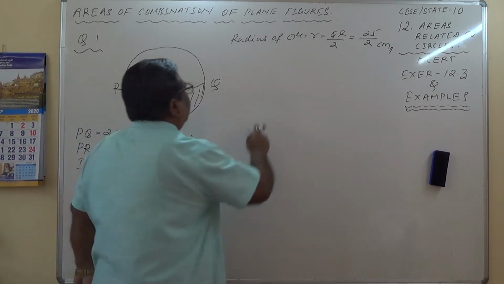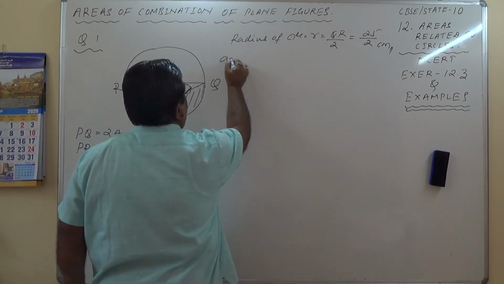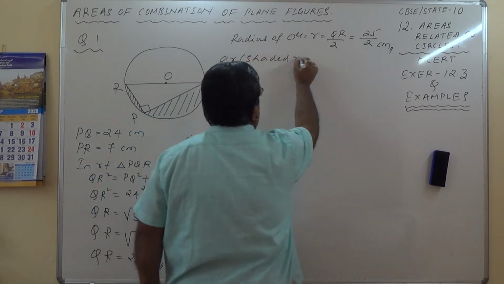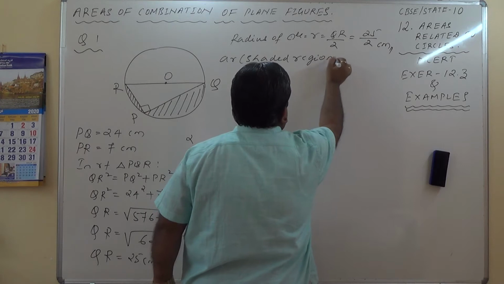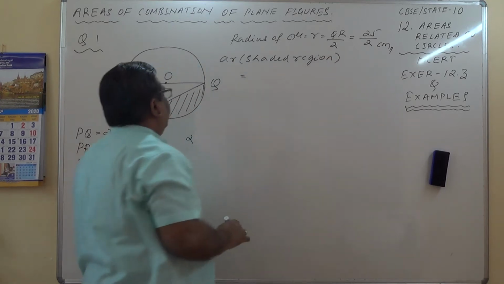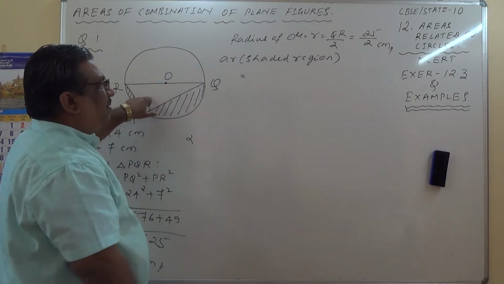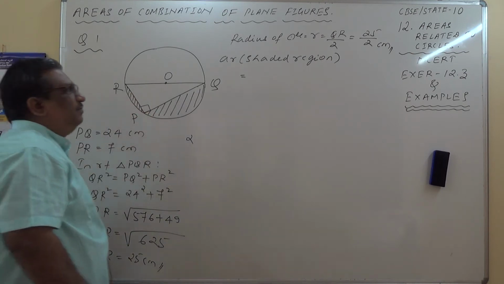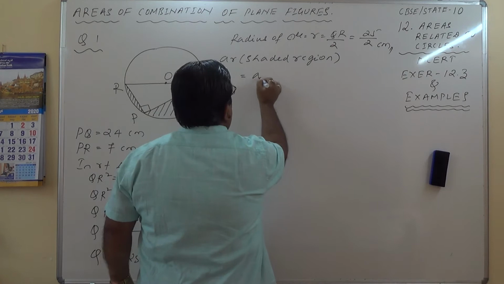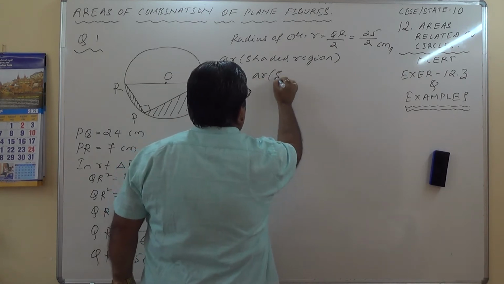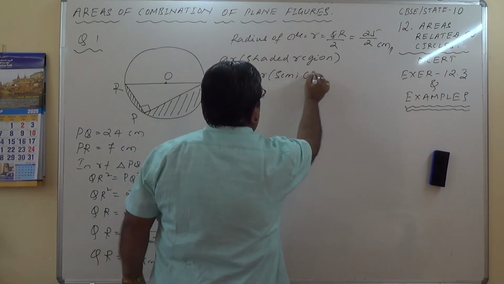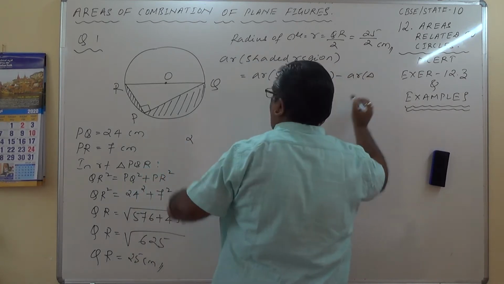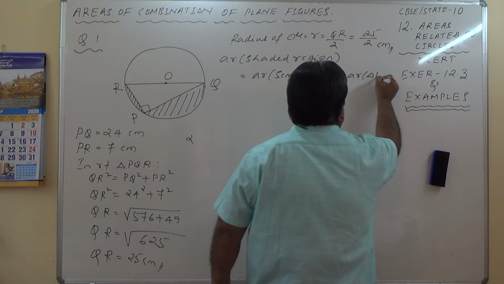Next, area of the shaded region. Area of the shaded region is equal to area of the semicircle of radius 25 by 2 centimeter minus area of the triangle PQR.